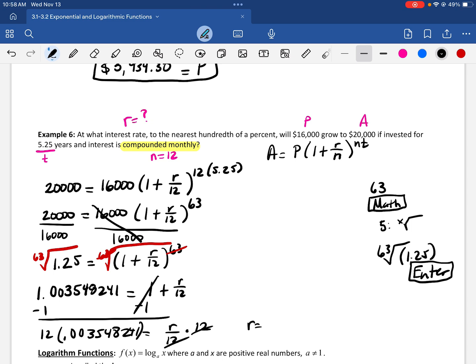We're going to do 12 times 0.00354821, and we get 0.0426. And then if I change that to a percent, we're going to go 1, 2. So we're going to get 4.26%. That is our rate for us to be able to increase our money from $16,000 to $20,000 in 5.25 years.